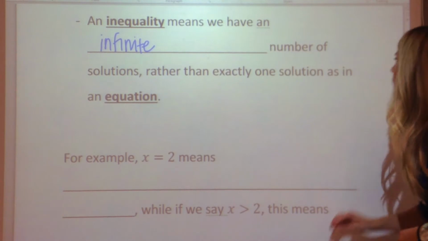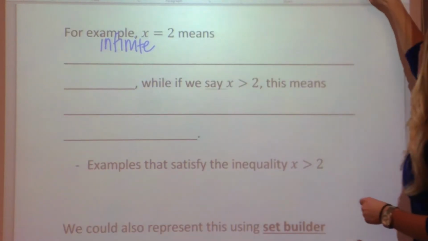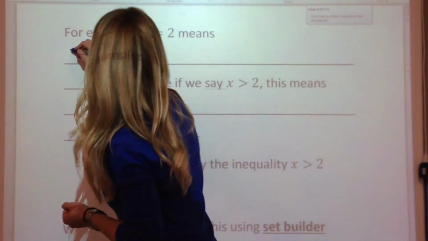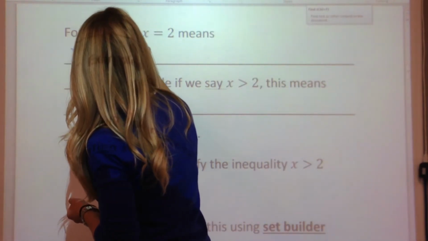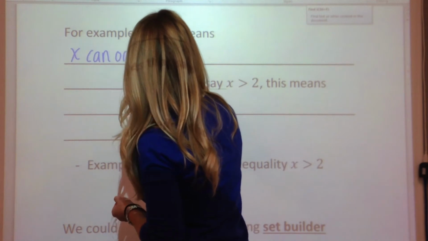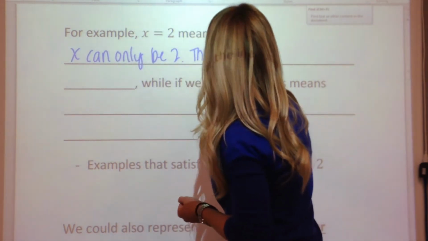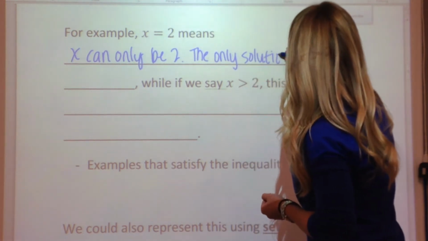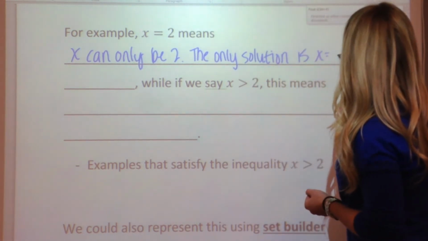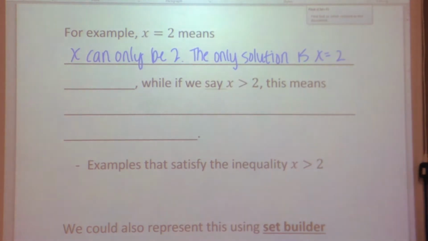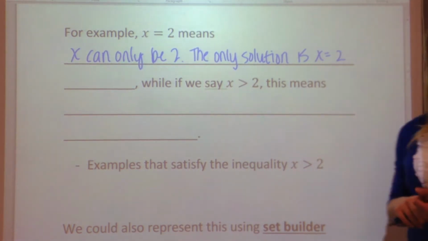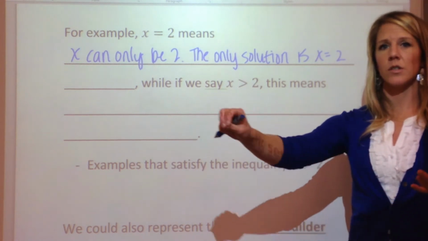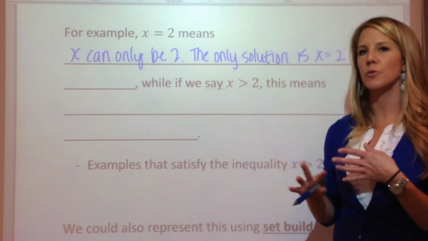So for example, x equals 2 means x can only be 2. That's the only value that's going to make the equation true. So the only solution is x equals 2. Whereas if we have the inequality x is greater than 2, this means x can be any value it wants as long as it is greater than 2. It could be 2.000001. It could be 2.2, 2.3.